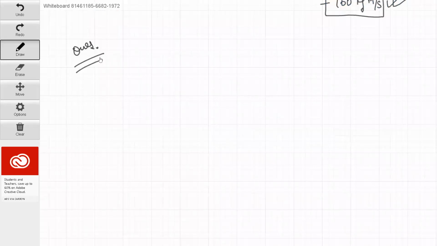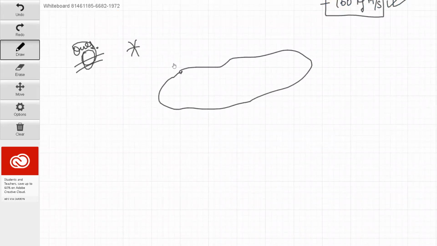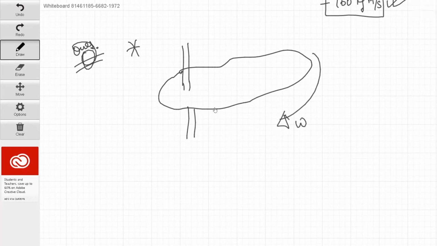Next question. Okay, leave it. Leave the question. Suppose this is the object, this is the axis of rotation, and it is rotating with omega. So what is the angular momentum? At r distance, you have to take a small thickness of dm.